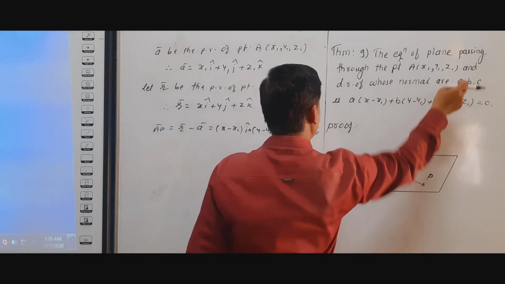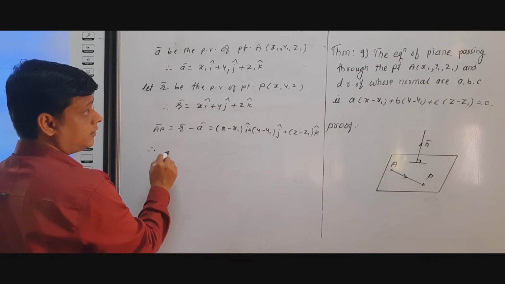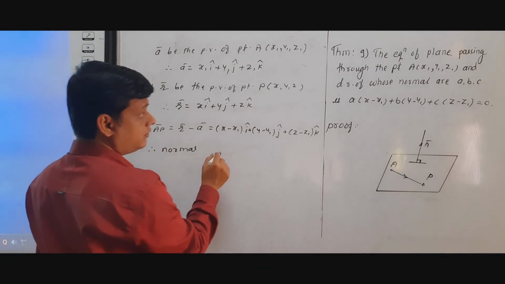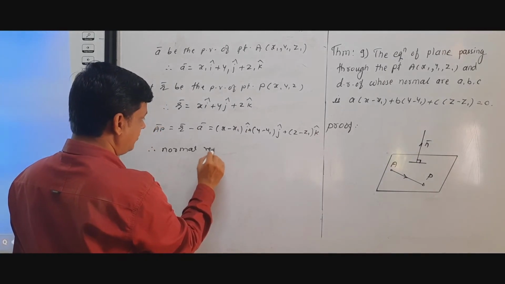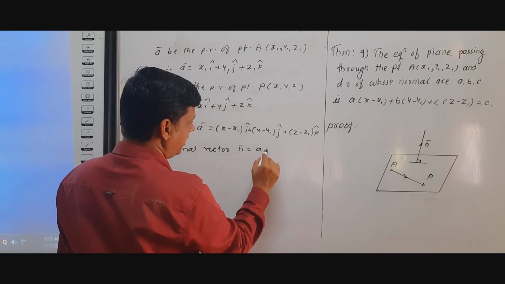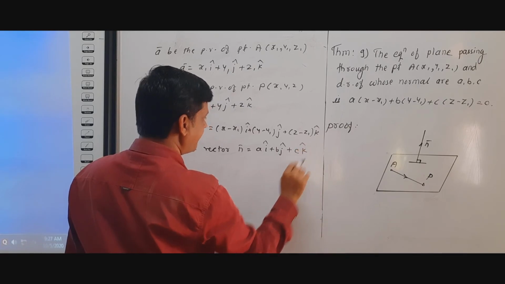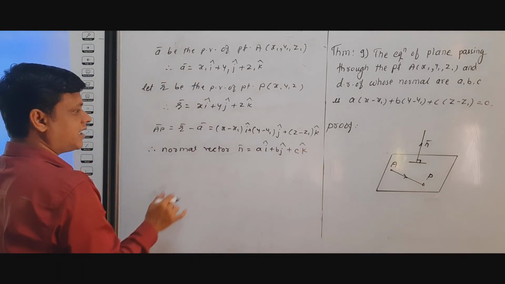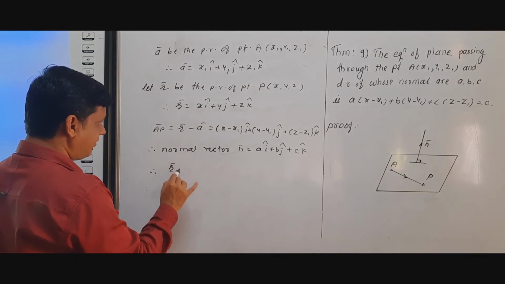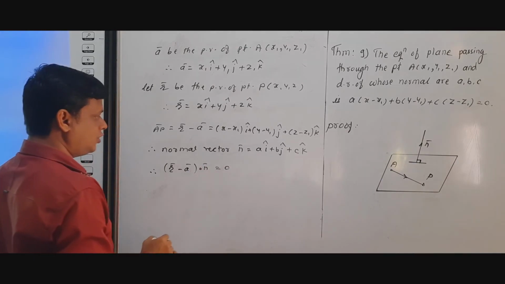Here the direction ratios of the normal are given. Therefore the normal vector n bar is equal to a i plus b j plus c k. Now these two vectors are perpendicular, so their dot product is 0. So we write r bar minus A bar dot n bar is equal to 0.